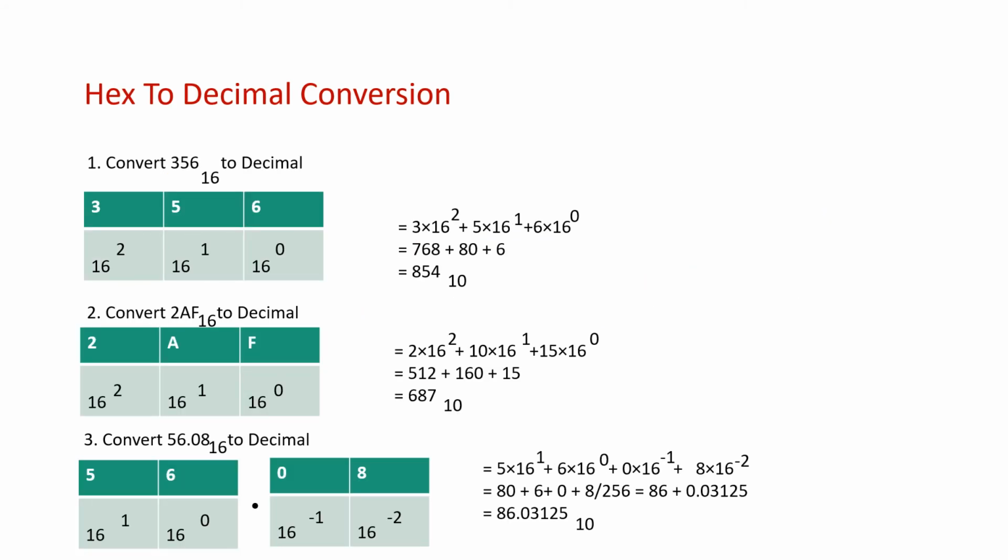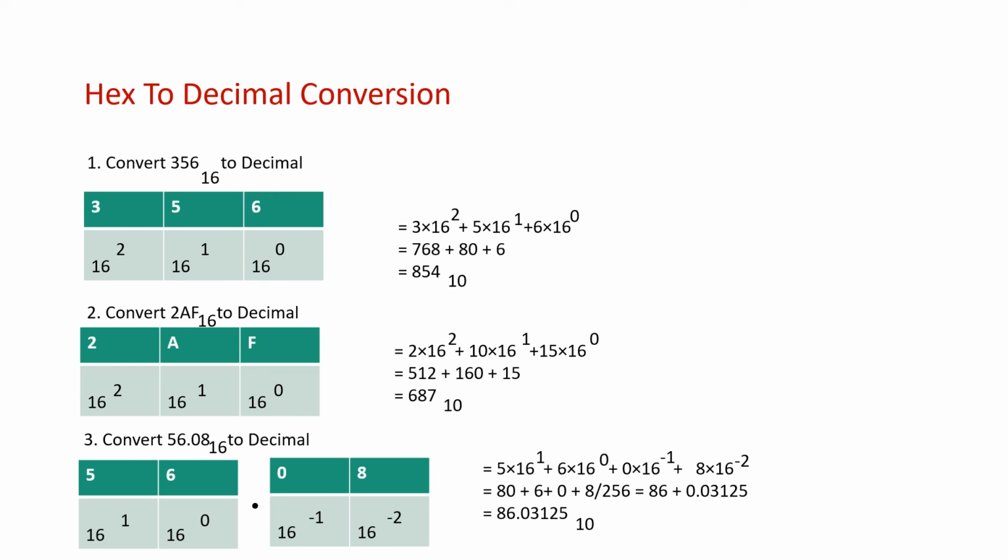Look at the hexadecimal to decimal conversion. We get the decimal equivalent of a hexadecimal number by multiplying each hexadecimal digit by its positional weight and then adding the individual results. So here 356 is taken, and we multiply with the positional weights.